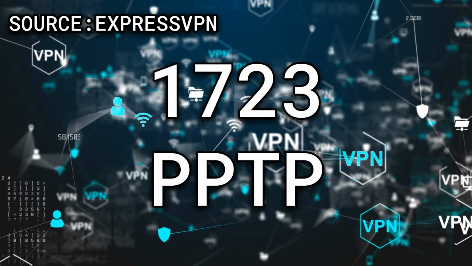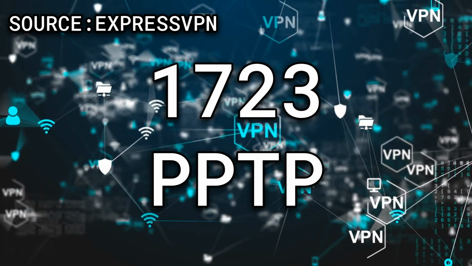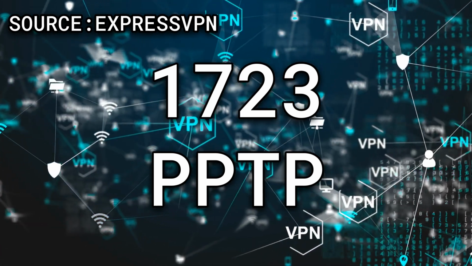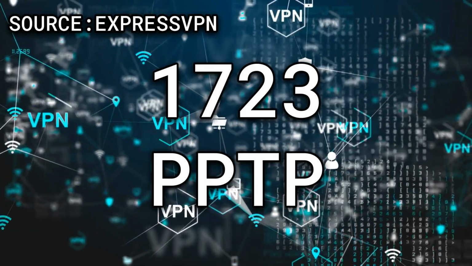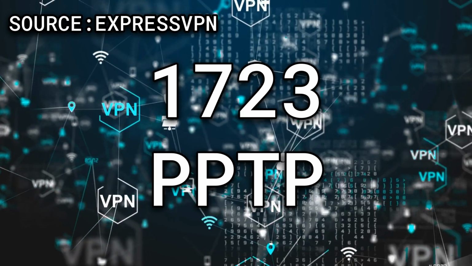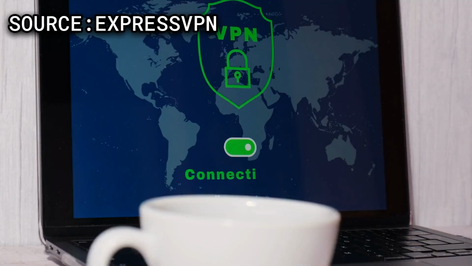The next port on our list is port 1723, PPTP. PPTP stands for Point-to-Point Tunneling Protocol. PPTP operates on 1723, is one of the oldest VPN protocols still in use, having been around since Windows 95 and standard on all versions of Windows since.